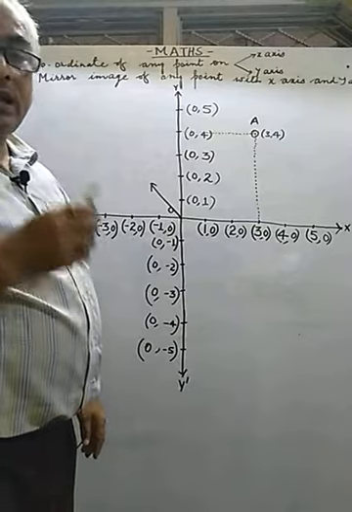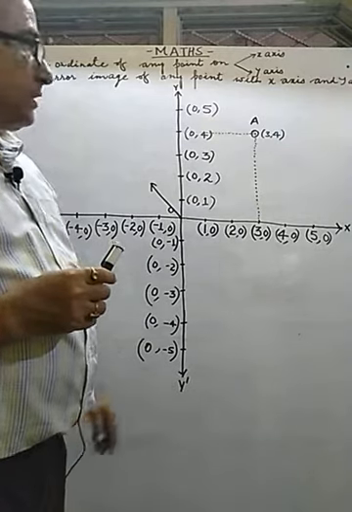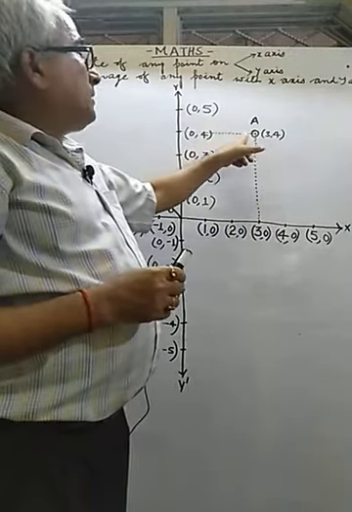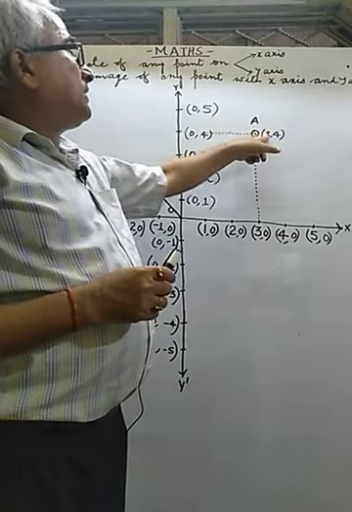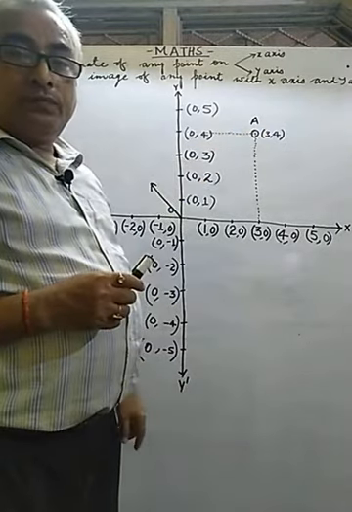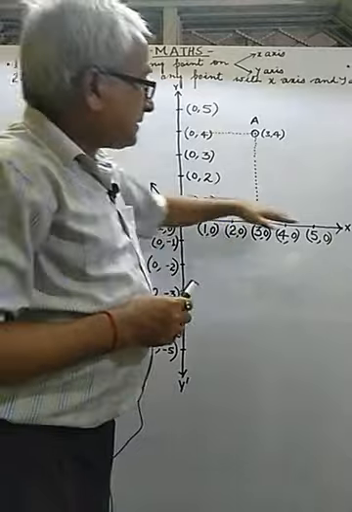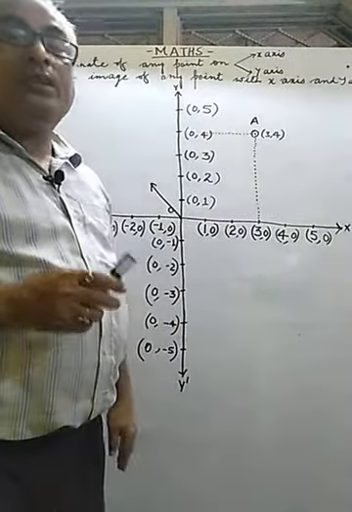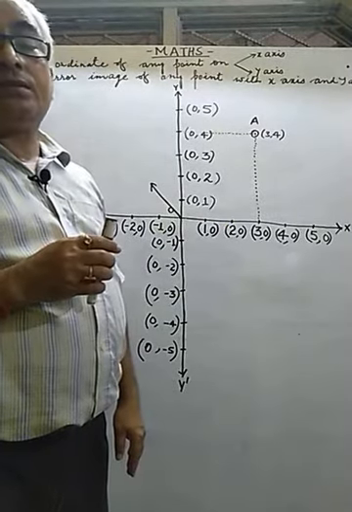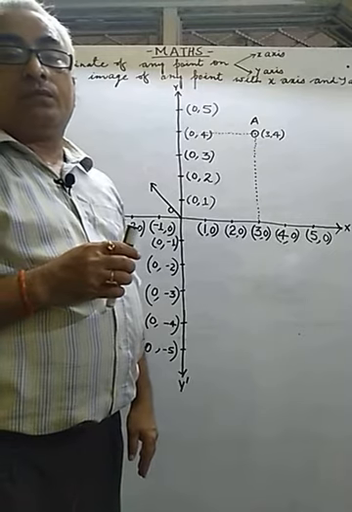Suppose it is asked in the question, find the mirror image of point (3, 4) with respect to the x-axis. Now the x-axis will behave just as a mirror.